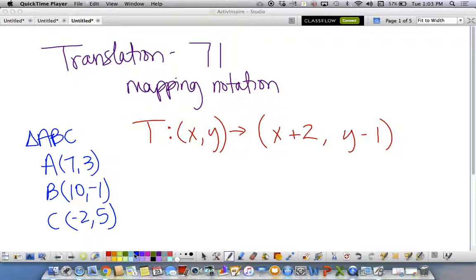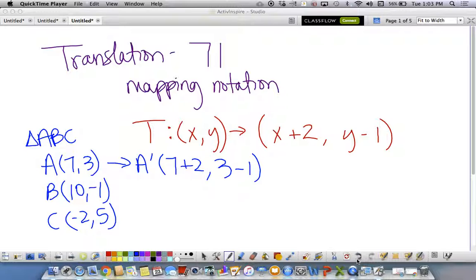All right, so we're going to take this x and y and map it to A prime, which is 7 plus 2. I took the x value and added 2. We're going to take the y value and subtract 1.